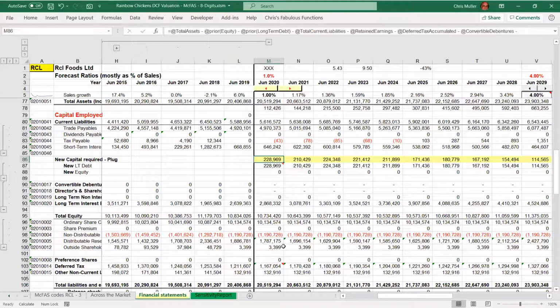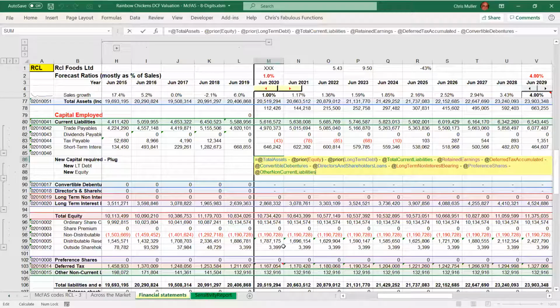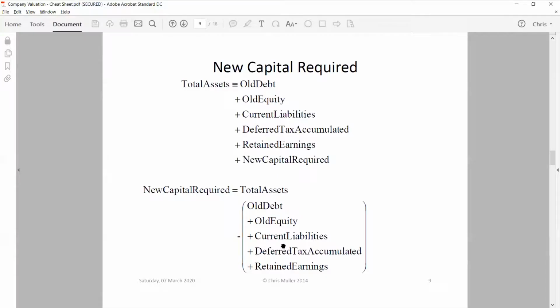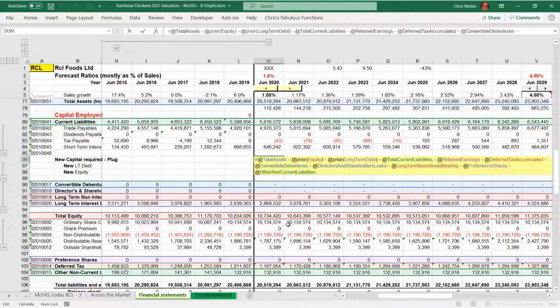I'm going to press F2 here. F2, and guess what? Do you remember what did it say? Was it total assets minus old debt and old equity? Look, there it is. Assets minus prior equity, prior long-term debt. Fantastic. And all the rest. And hopefully you've got 1, 2, don't count the retained earnings, 3, 4, 5, 6, 7, 8.